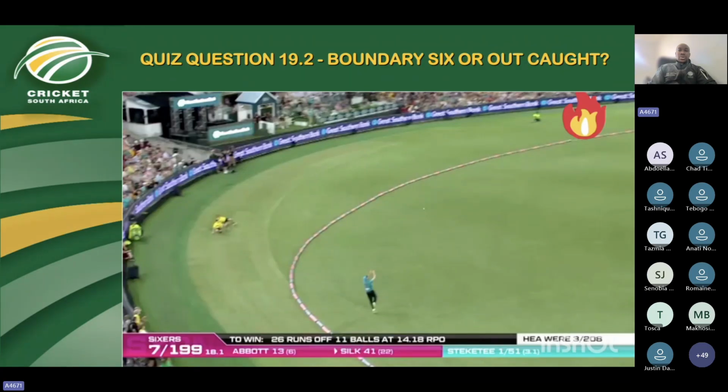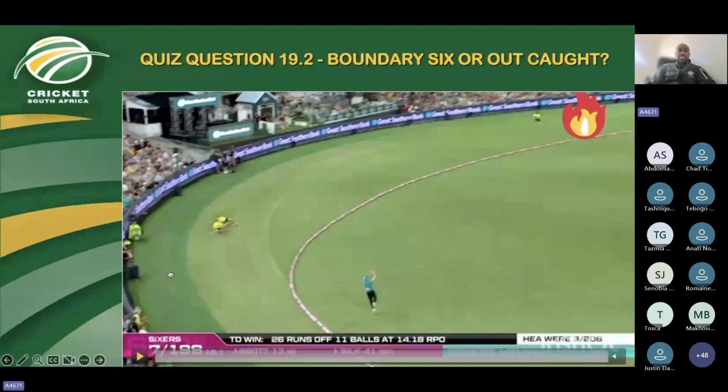So as the laws stand currently, is this a boundary 6 or is this out caught? Let's watch the video, and you need to type into the chat box after having watched the video: 19.2 out caught or 19.2 boundary 6.